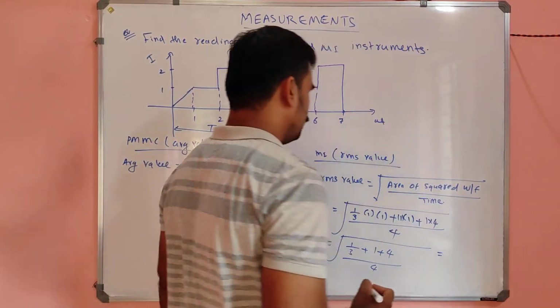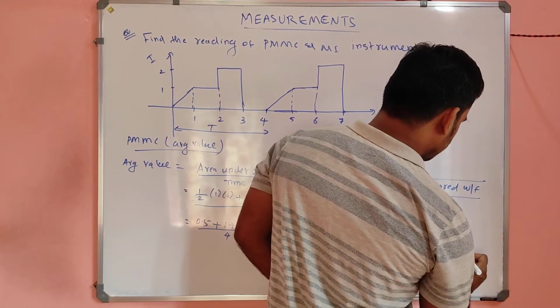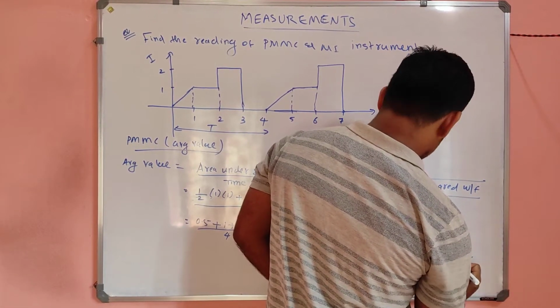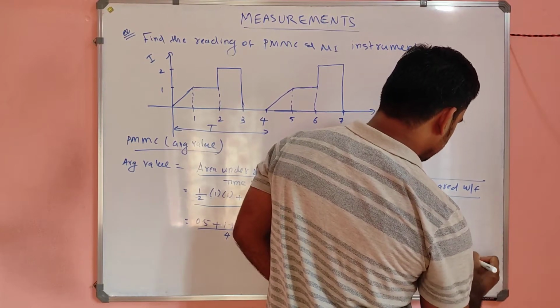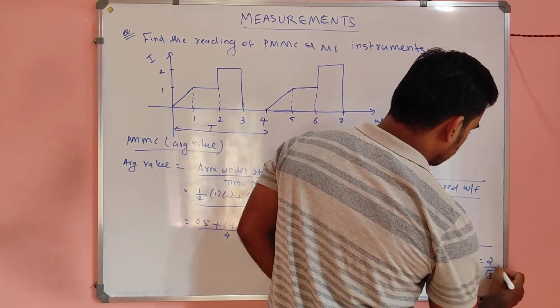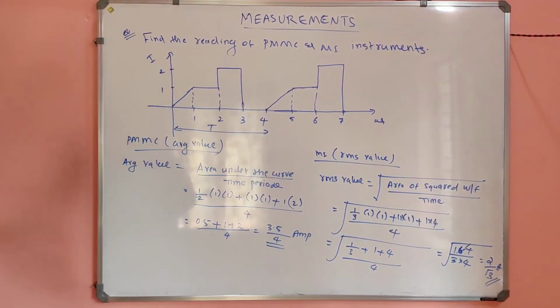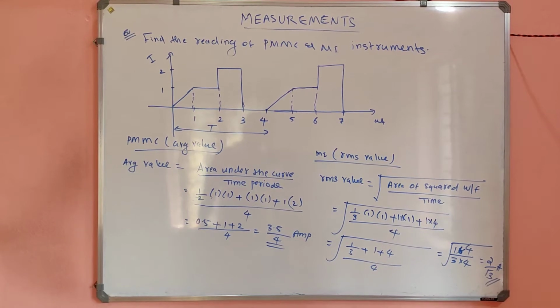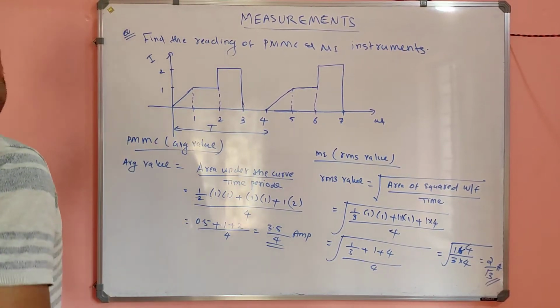So it will become 5 plus 1 by 3, 15 plus 1, 16 by 3, so it will become 2 by root 3 ampere. How beautiful the question is, see how beautiful the question is, and how we arrived at the answer.